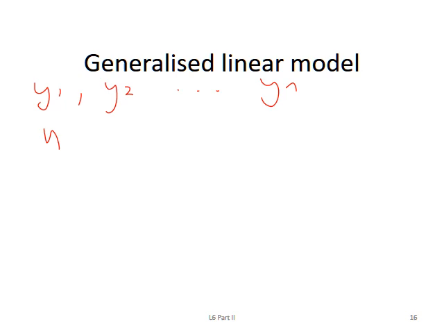Also, the response variable can take on any distribution from the exponential family, and there's no requirement that it must be normal, as is the case for multiple linear regression. The normal distribution is included in the exponential family. Therefore, multiple linear regression is a special case of generalized linear models.